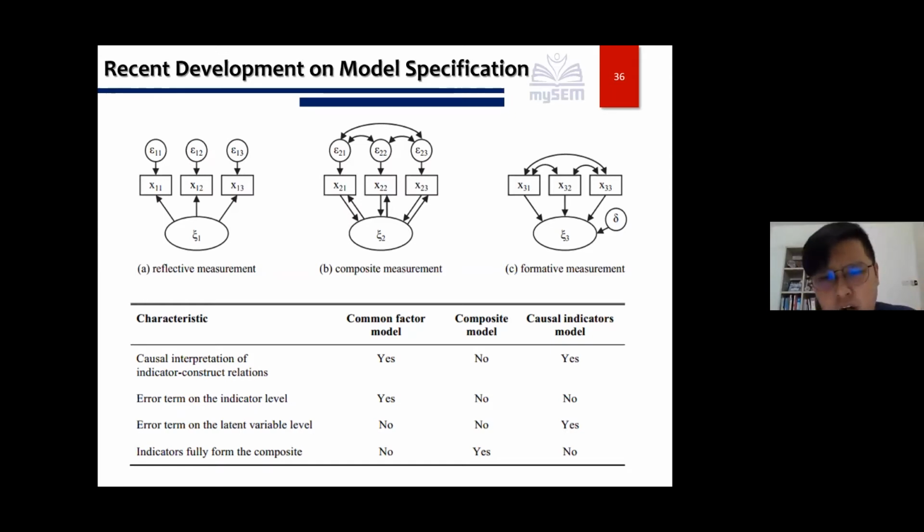This is what we call a true reflective, where it looks into common variance. But when you look into the traditional way of doing PLS, it is called the composite measurement. When I talk about composite, a lot of researchers confuse that composite is actually formative. It is true that composite is formative, but this composite that I'm explaining right now is about composite estimation, not modeling, estimation.